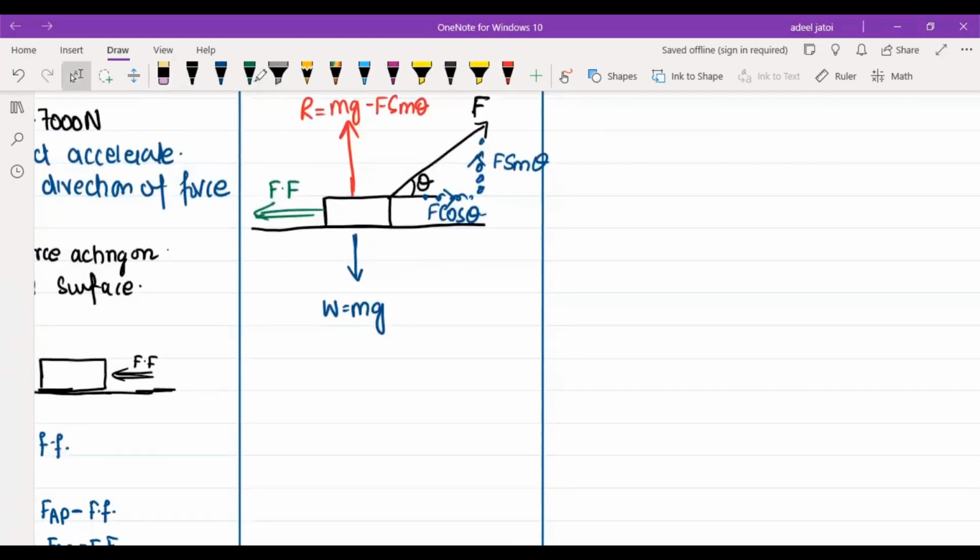So now what you need to understand is that if F cos theta is less than the frictional force, because F cos theta is moving on the right-hand side and your frictional force is moving on the left-hand side, then we know the object will be in equilibrium.